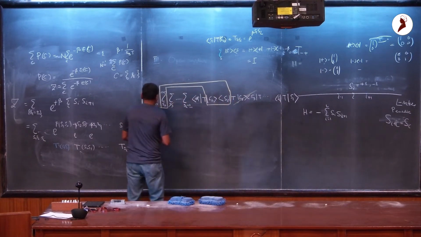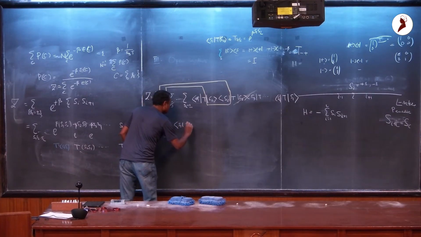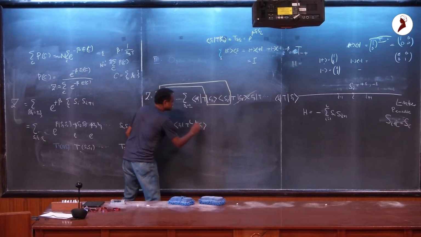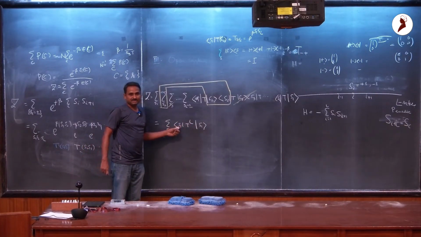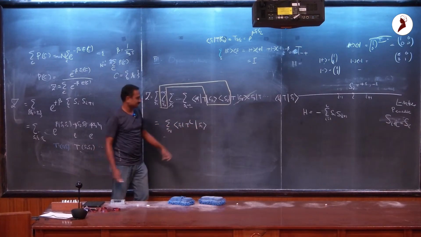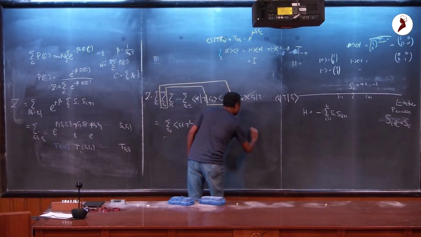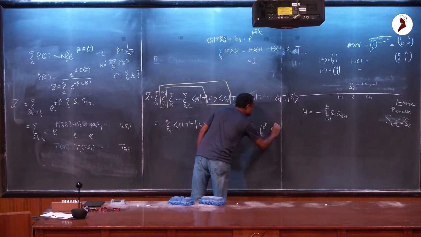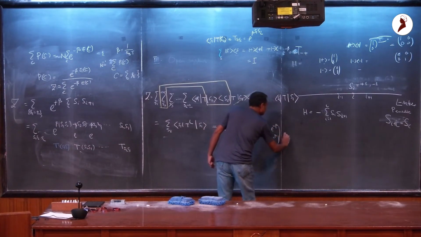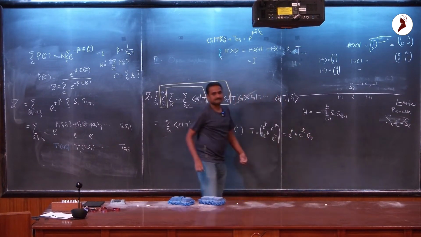So this equals summation over S1 of S1 T to the power L S1. If I sum T to the power L plus plus and T to the power L minus minus, that's called a trace. So this equals trace T to the power L, where T equals e to the power beta, e to the power minus beta, e to the power minus beta, e to the power beta. Actually you can write it as e to the power beta plus e to the power minus beta sigma x.